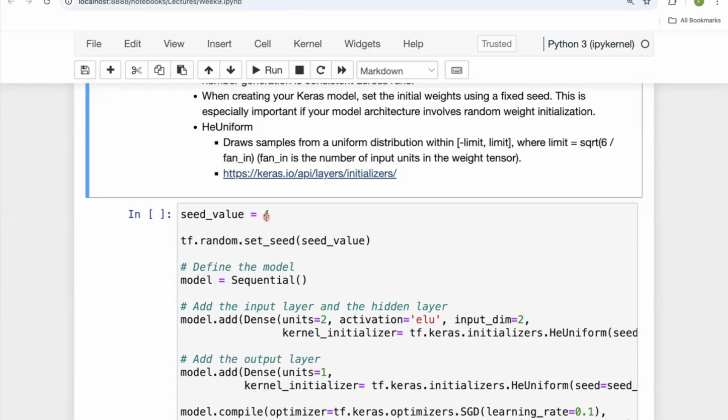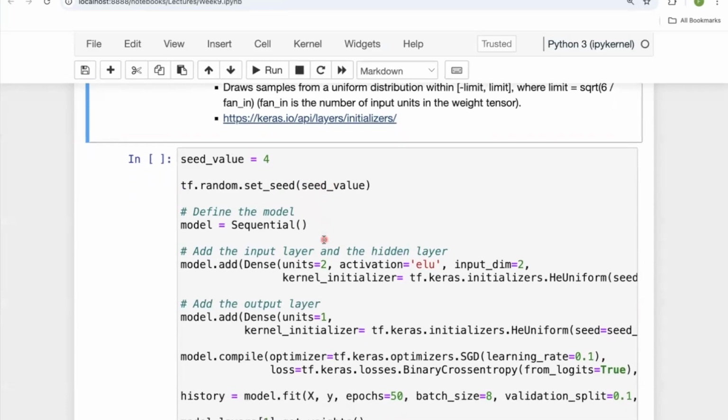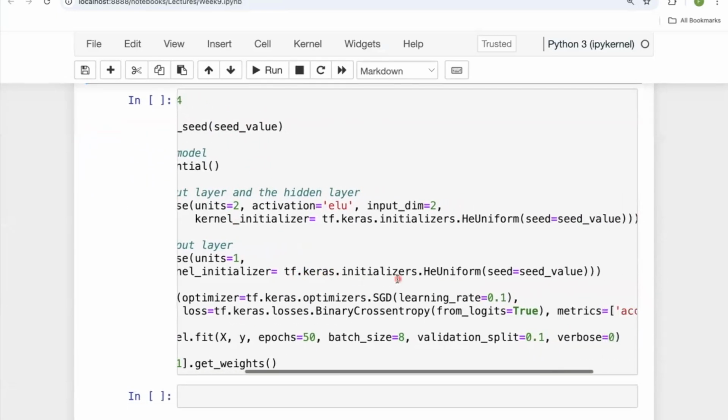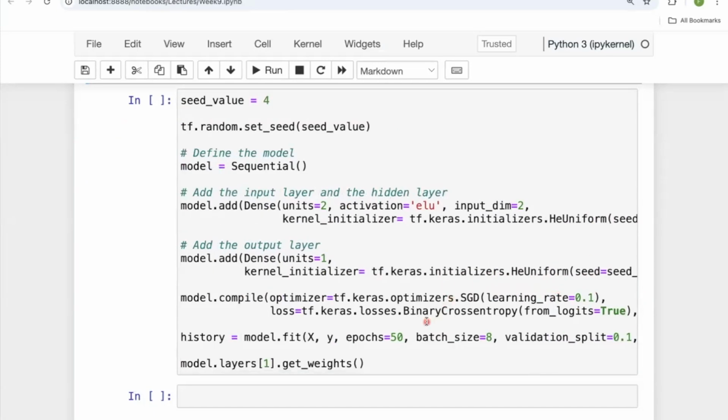If you provide the same seed value, obviously you can use different seed values for TensorFlow and these layers, but let's just make things simple. We define one number, and we do the same exact thing for output layer 2, using this uniform initializer again and providing the seed that we have here.